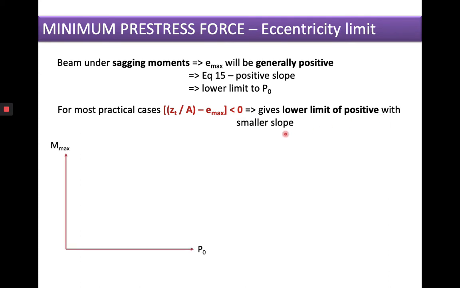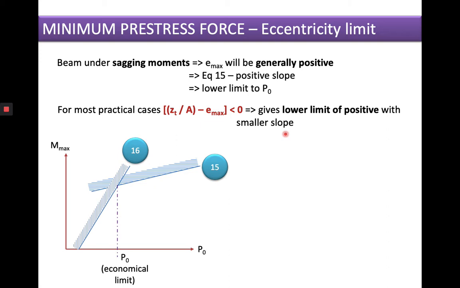So we can see here the linear graph for the two equations. This is one equation, for equation 16, and this is another line, for equation 15. We can see that for equation 16, the slope is much steeper in comparison with the slope for equation 15.